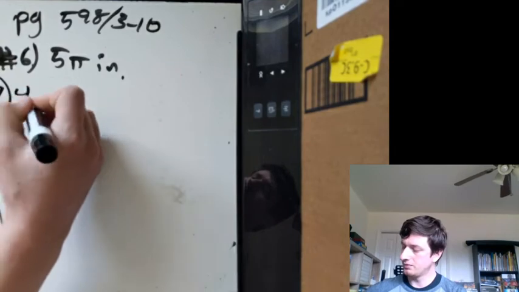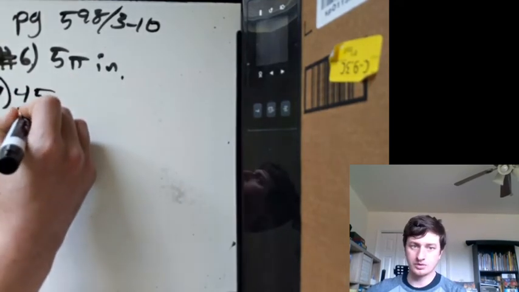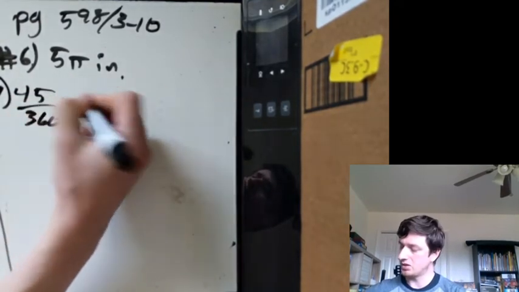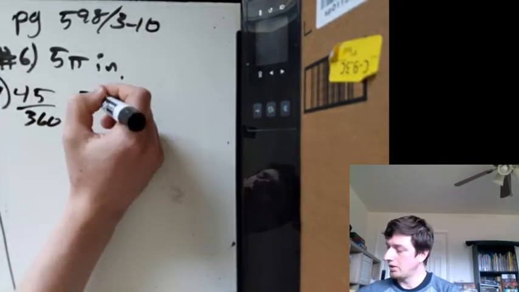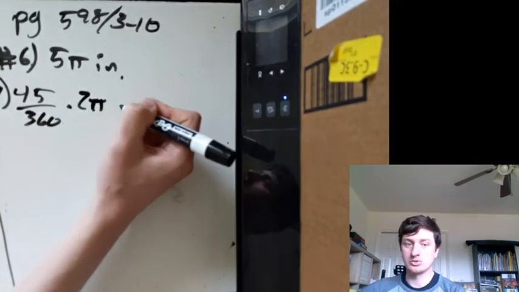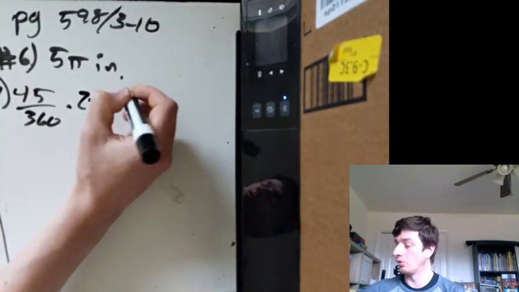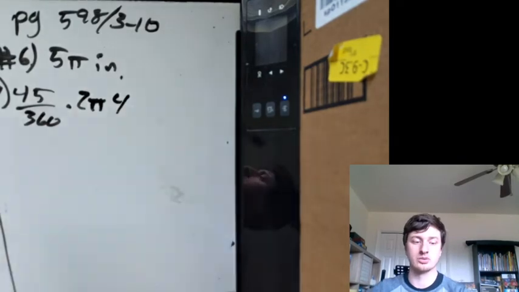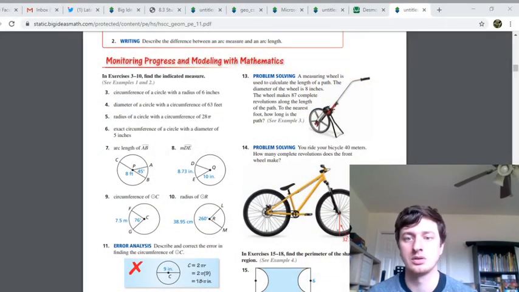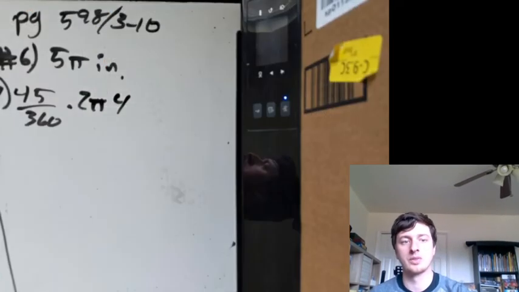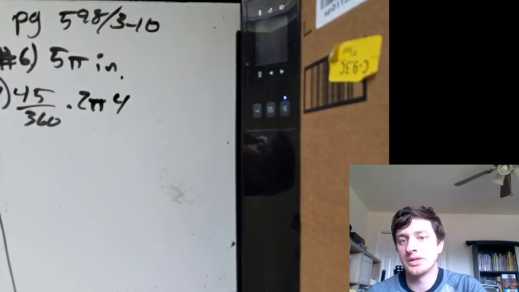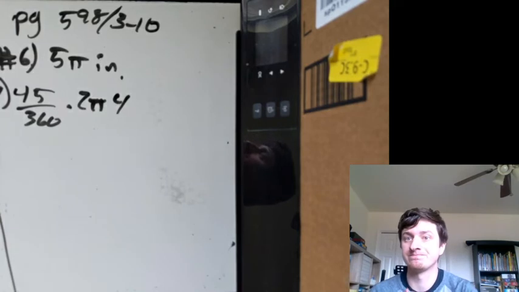This is number 7. 45 over 360 times 2 pi times the radius, which is not 8, it is 4. Radius is 4. So number 7 looks like this. And the total length is 8, so the radius is only 4. And then we plug that into a calculator, and we get some number. I don't know what that number is.